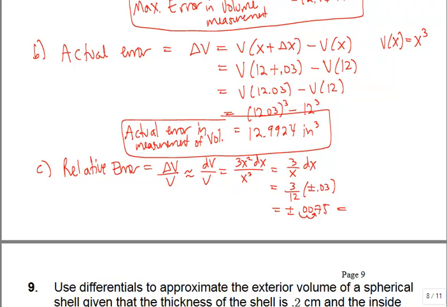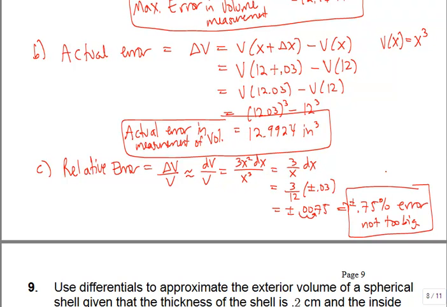So this becomes plus or minus 0.75%. So this is the percent error that we have, and that's less than 1%. So that means we have an error that's not too big. So this is okay. And if that's within your standards that you're allowing for measurement error, then you would be okay to continue on with your experiment.